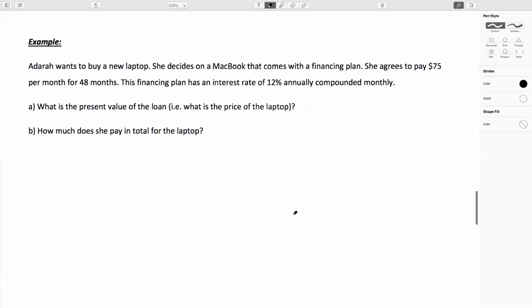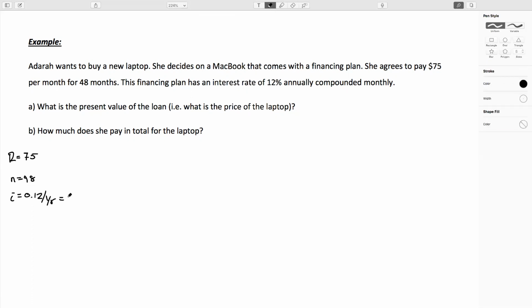Okay, let's break down the problem. She's paying $75 a month, so R equals 75. She's going to pay this for 48 months, so n equals 48. This financing plan has an interest rate of 12% annually, so i equals 0.12 per year.